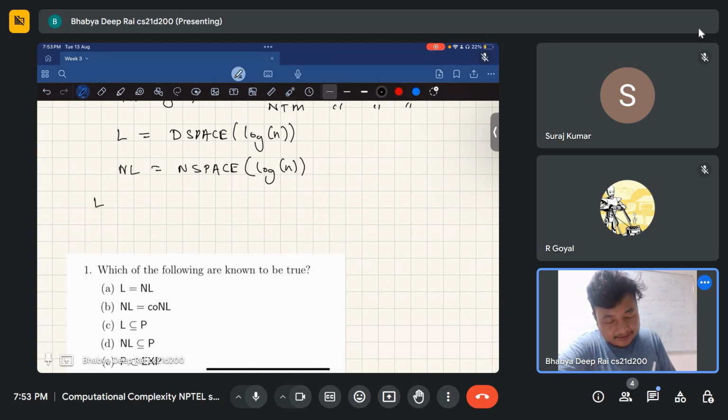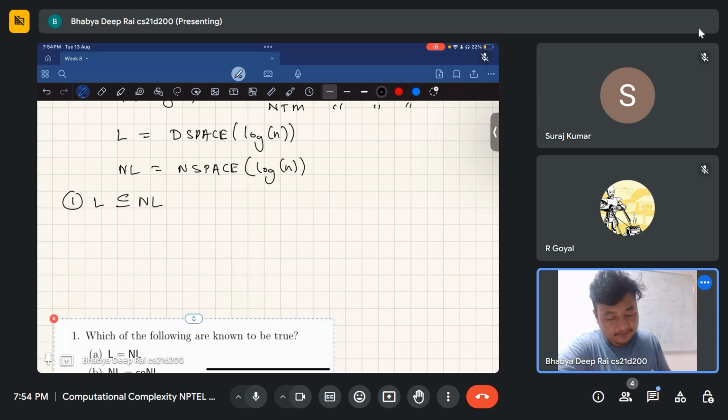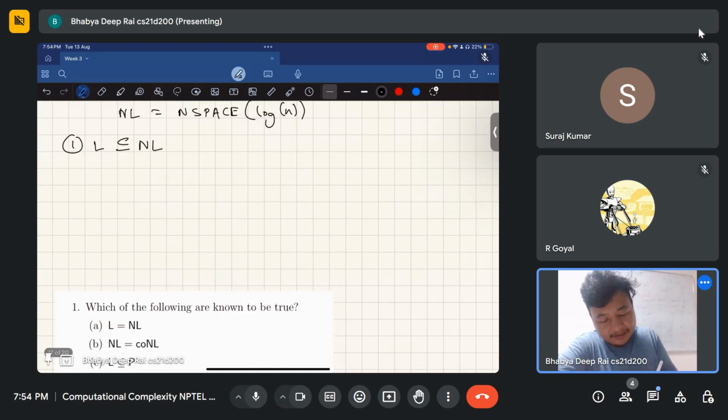L is contained in NL trivially, like P is contained in NP, and the L versus NL problem is unknown. It is as important as the P versus NP problem.